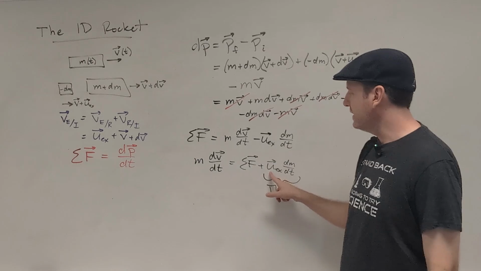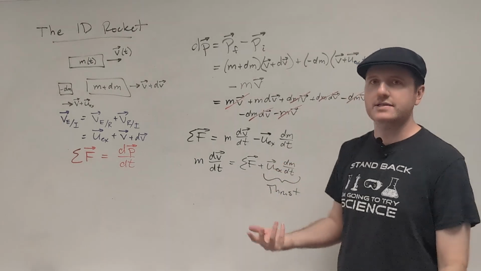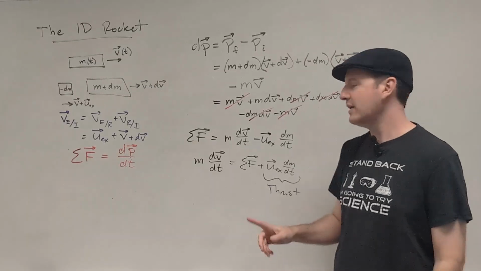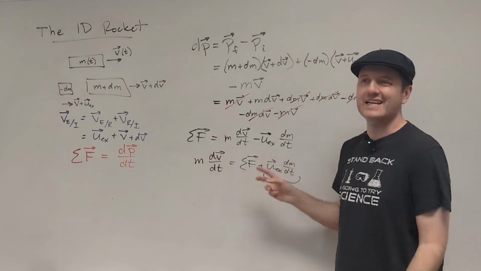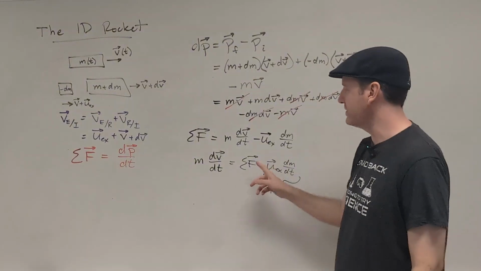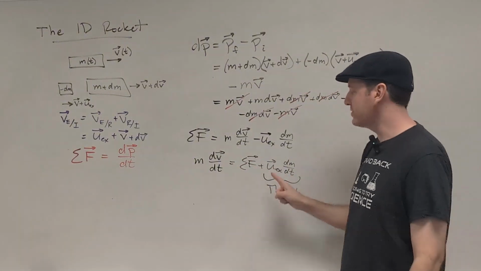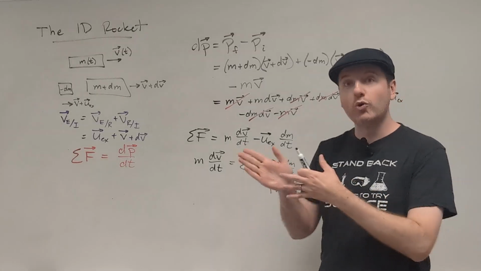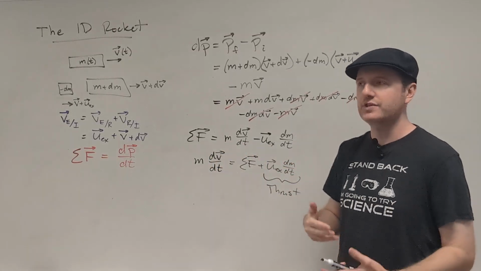So be careful about the direction of this exhaust velocity. What direction is the exhaust being spat out? That will usually also be in the negative direction, at least opposite the acceleration. And so you'll end up with kind of a negative, making this an actual forward-pointing force that will tend to accelerate the rocket.